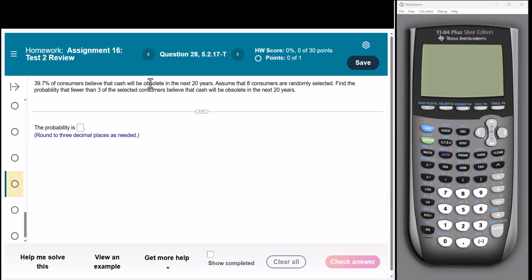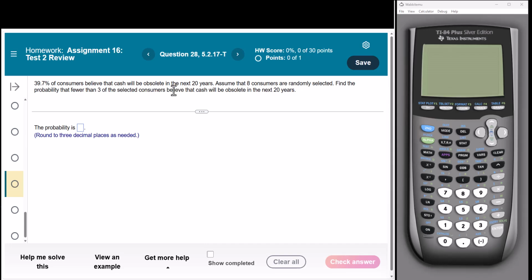So it won't go all the way up to 3 if it says fewer than 3. You have to be very careful when you do this because it could have just as easily said that at most 3 people believe cash will be obsolete. If it said at most 3, it would include that 3. So here wording is very important. So fewer than 3 means either 0, 1, or 2.